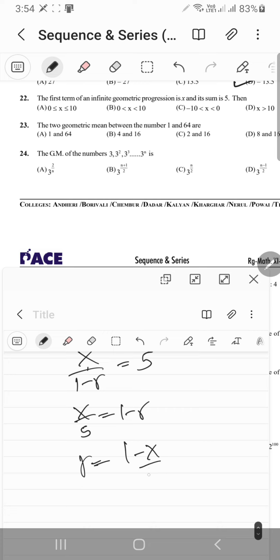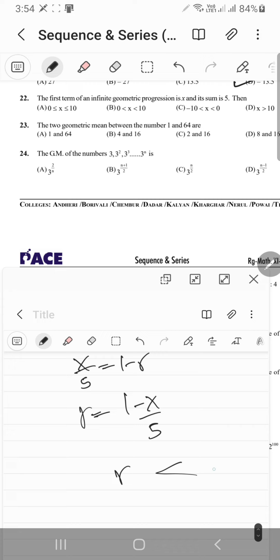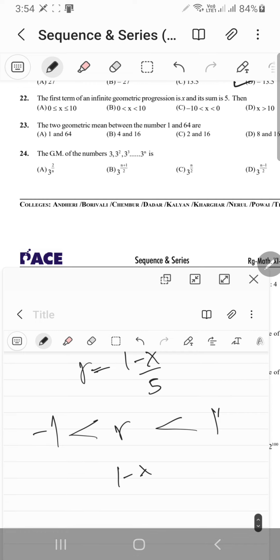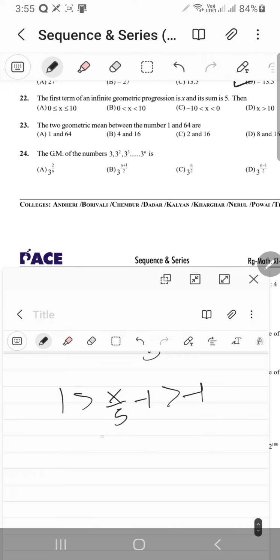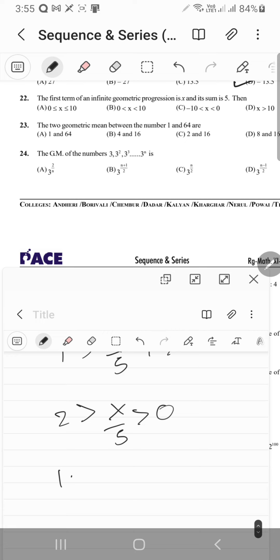R is 1 minus x upon 5, but we know that r must be between 1 and minus 1. So 1 minus x upon 5 is between 1 and minus 1. Multiply by negative, so 1 is bigger than x upon 5, bigger than minus 1. Add 1 to each term, so 2 is bigger than x upon 5, bigger than 0. Multiply by 5, so 10 is bigger than x, bigger than 0.